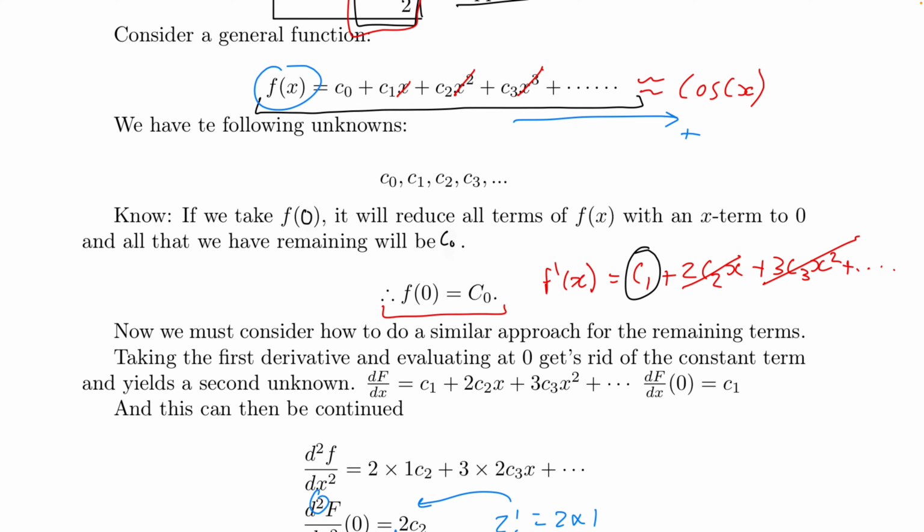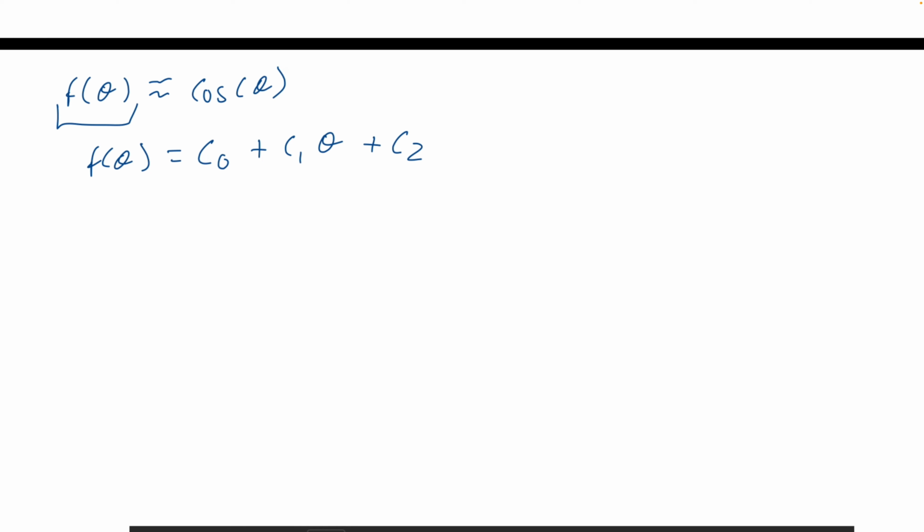Now, let's apply this to our example of cosine theta. We could say that f of theta is approximately cosine theta, where f of theta is the function to be found. We could say that f of theta is equal to c0 plus c1 theta plus c2 theta squared.